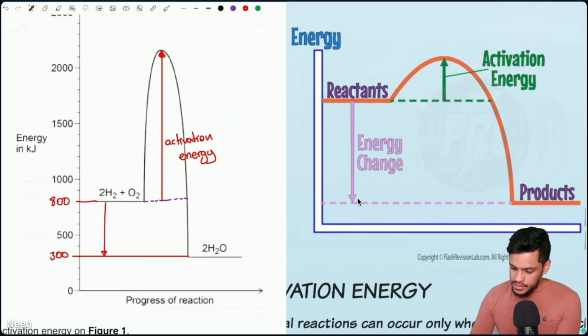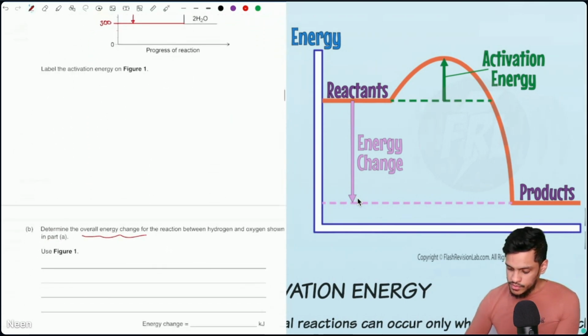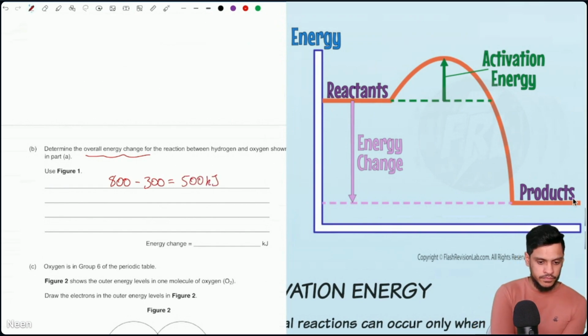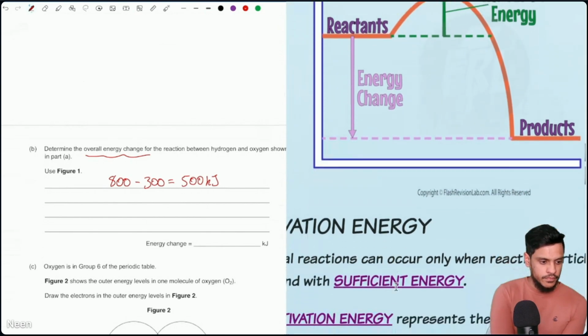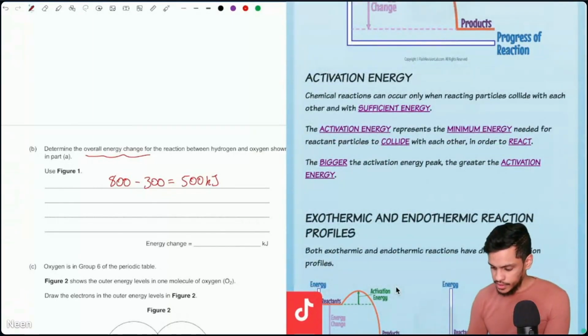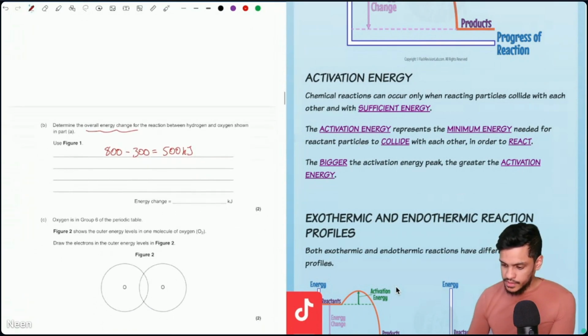So to find this value, you just do 800 minus 300, which gives you 500 kilojoules of energy. Hope that makes sense. Let me know, guys, if there's something you don't understand, and I'll explain it again. So that gives you 2 marks for doing that calculation.